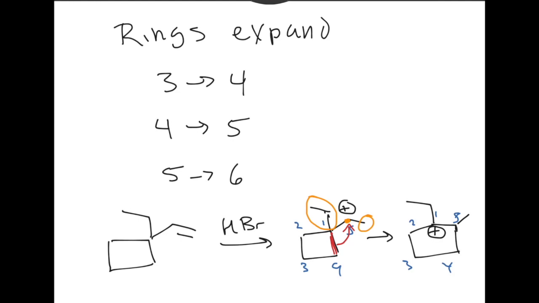So I get paid twice. I get paid by making a more stable carbocation, and I get paid by making a more stable ring. Now I can add my bromine. And that's my product.